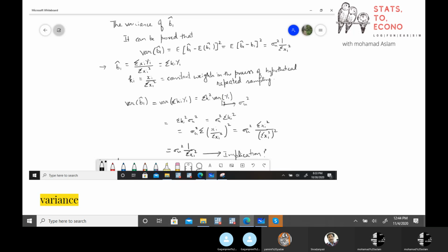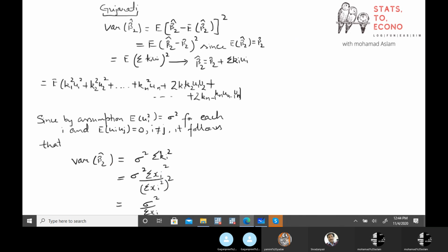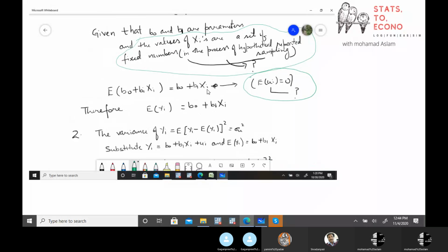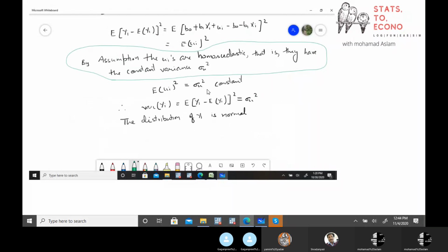So let's see this. The Chinese method proves why this variance holds, and that also gives us this distribution of y, which we say is a normal distribution. So this is the distribution of the dependent variable. Here they have proved that yes, this variance of yi is equal to this particular constant residual variance, and this property they are using there to get the value of the variance of the slope coefficient.